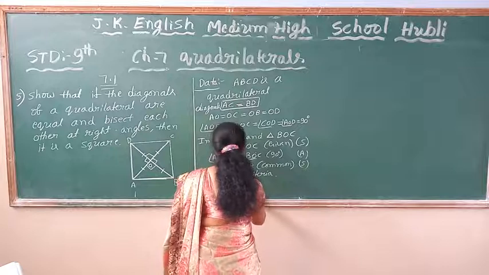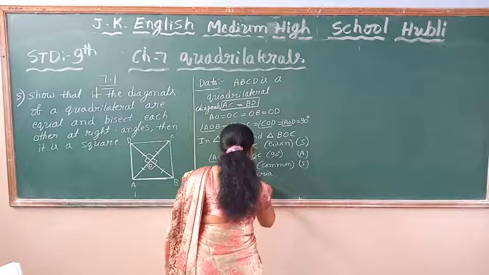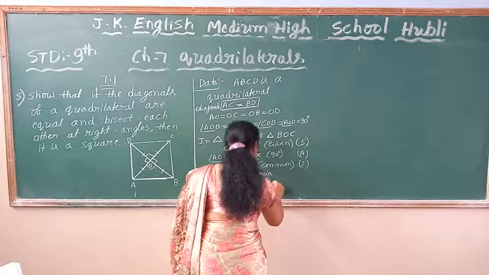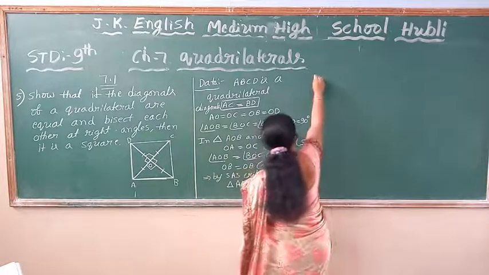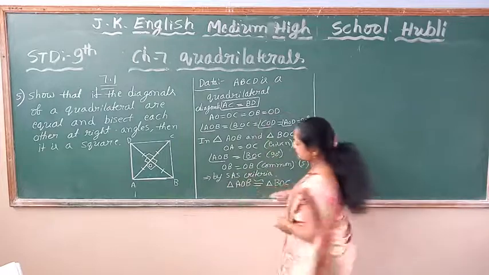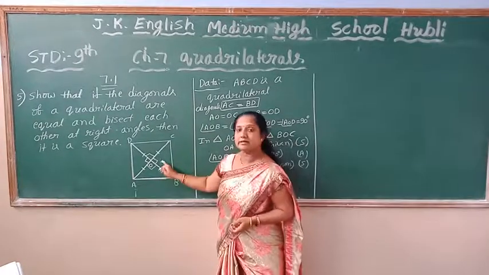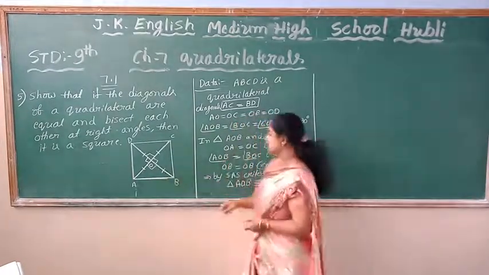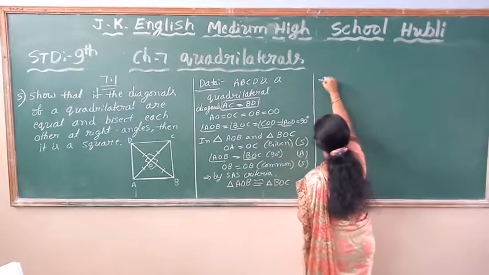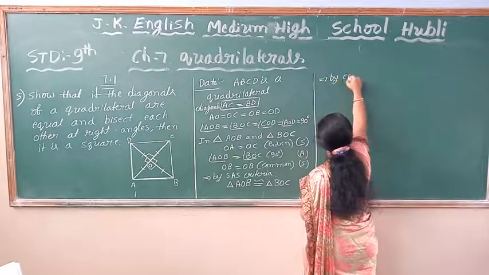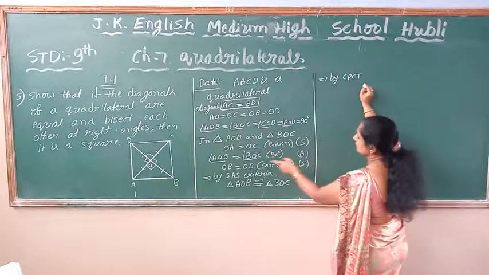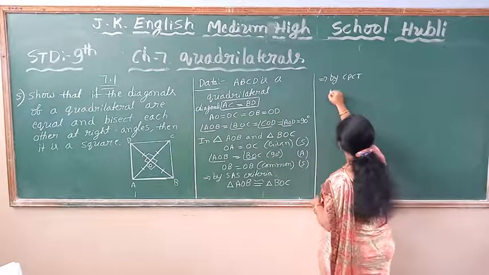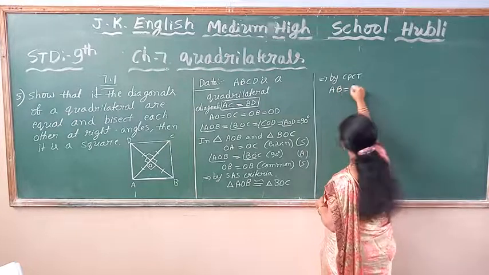Triangle AOB is congruent to triangle BOC. If these two triangles are congruent, children, then by CPCT, AB is equal to BC.